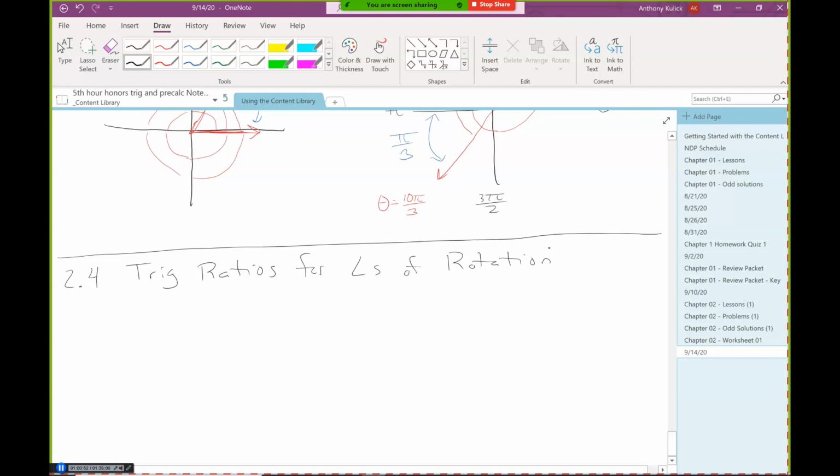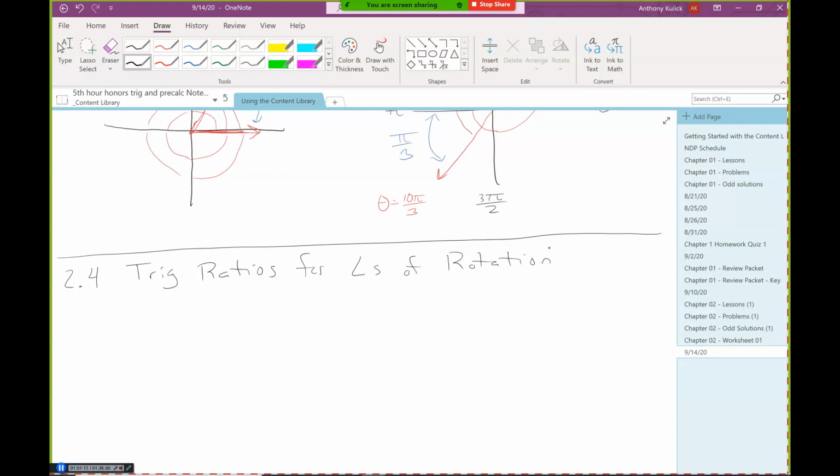Is now combining these 2 ideas. So we just developed this angle of rotation, and now we want to somehow redefine our sine, cosine, tangent, cosecant, secant, cotangent in such a way that we can apply those definitions to angles of rotation.